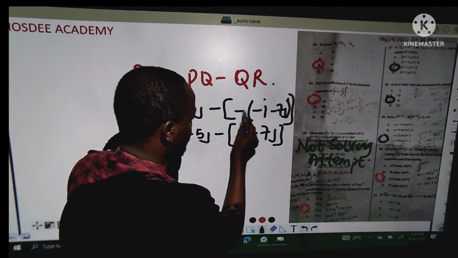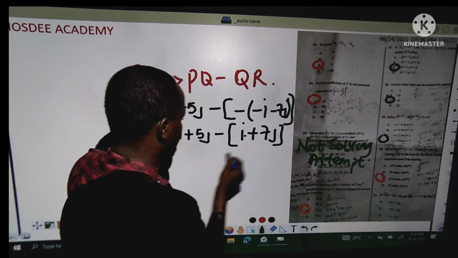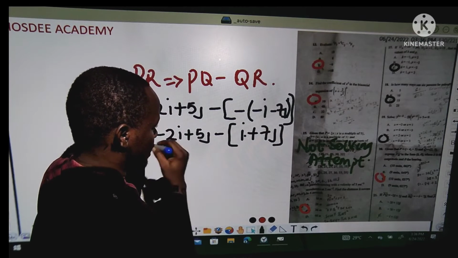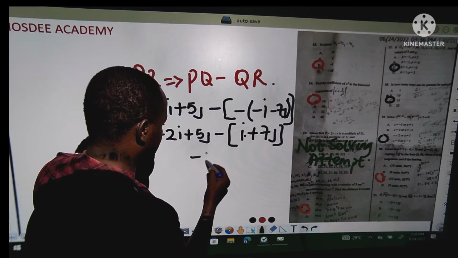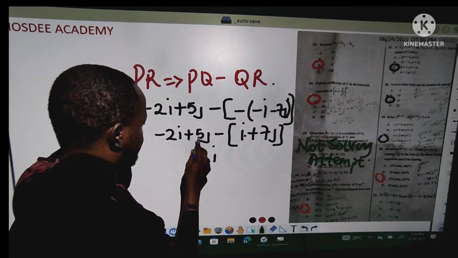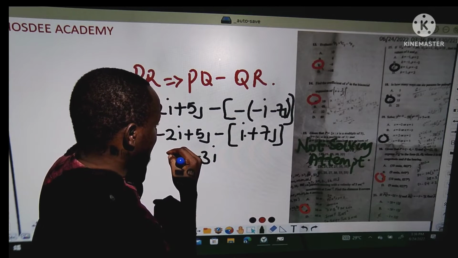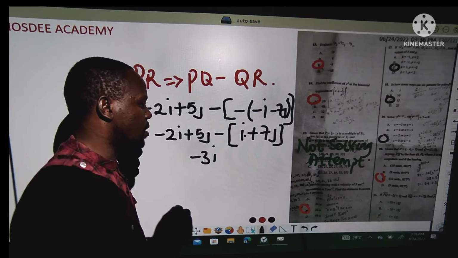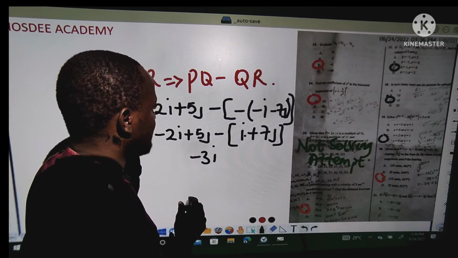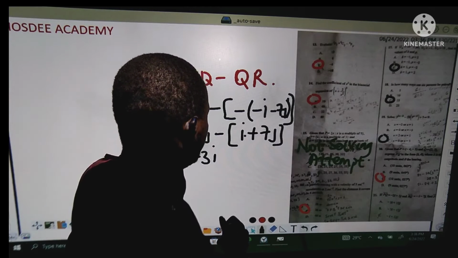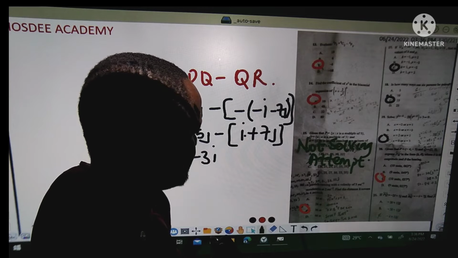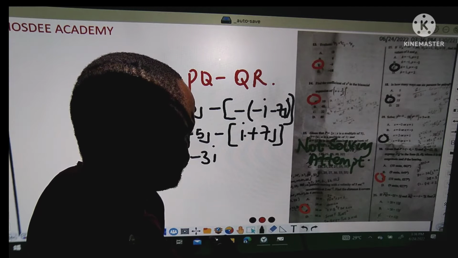I have used minus times minus to plus. So minus 2 minus 1 is minus 3 i cap. Then 5 minus 7, hope I'm not making a mistake. 5 minus 7 should be minus 2.